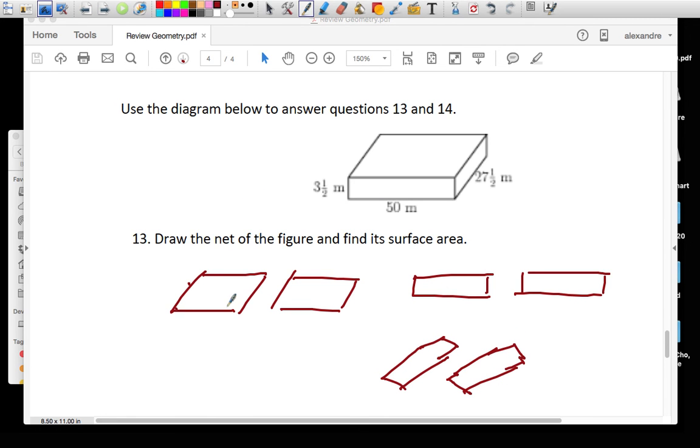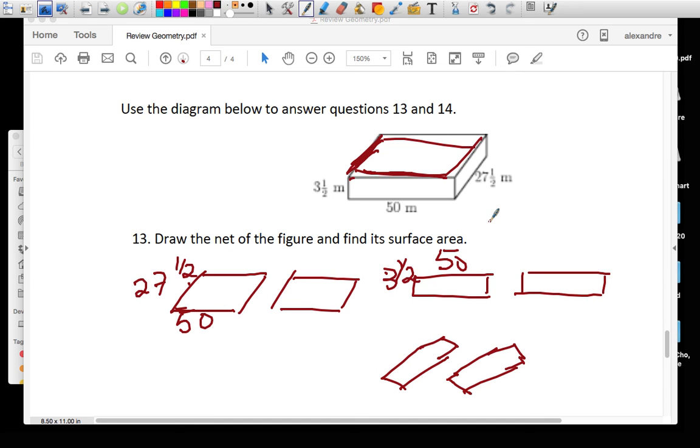So the top, on the top here, this is what I'm interested in. Okay, I know that this is 50, and my width here is 27.5. Okay, so I'm going to do that twice. My front is this, which is 50, and my height is 3.5.